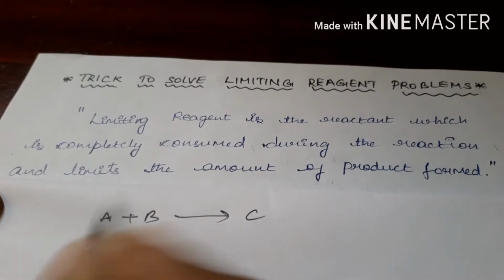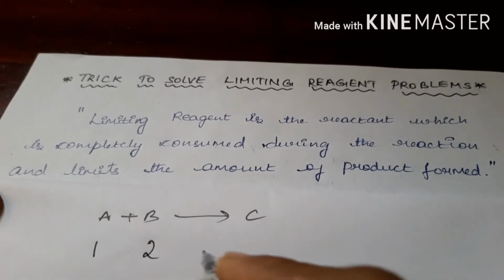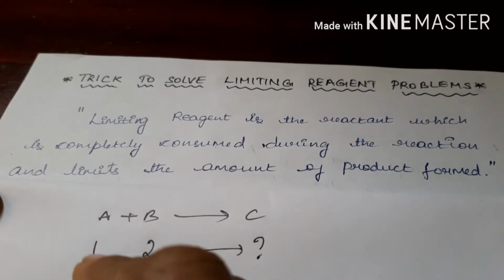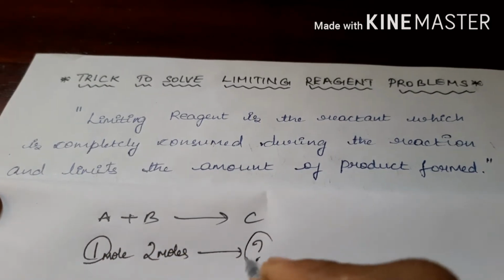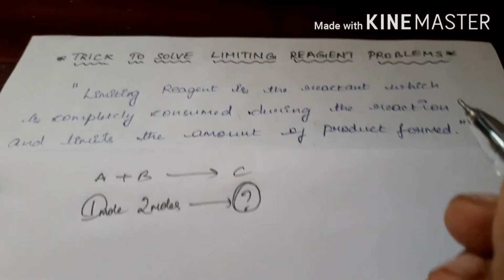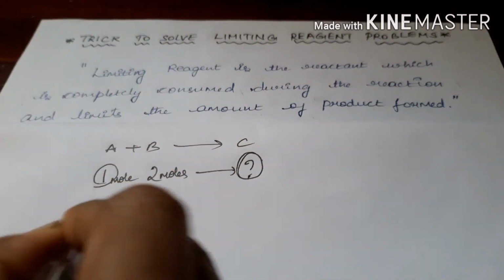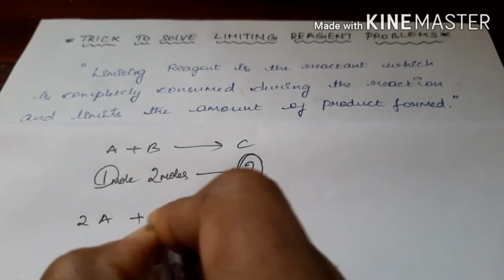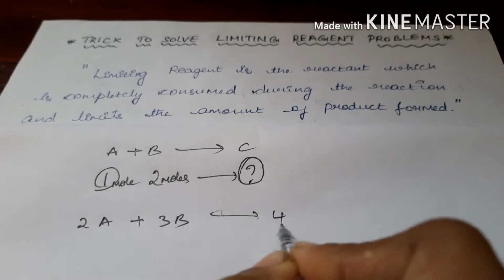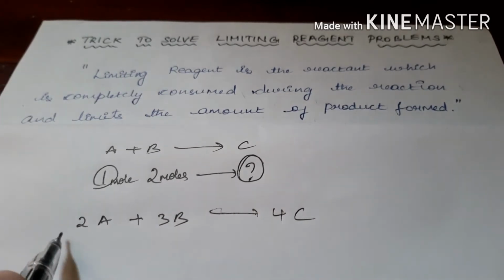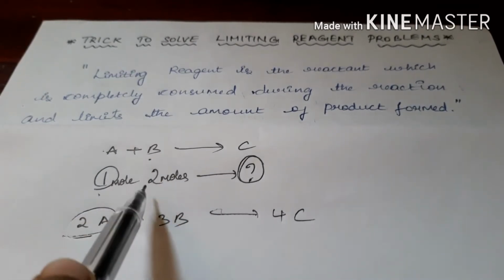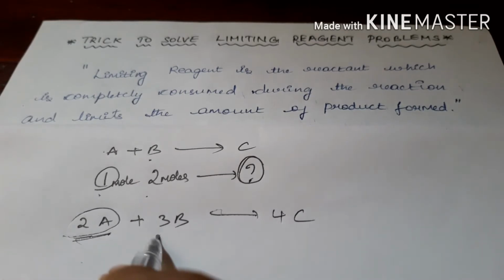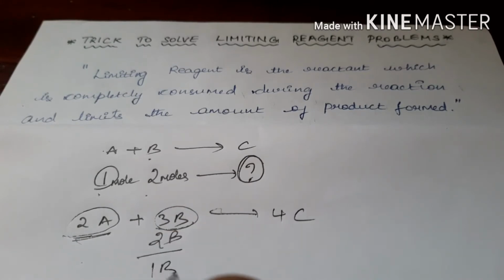Here, if you take 1 mole of A, it reacts with 2 moles of B to form some product C. If you take 2 moles of A and 3 moles of B to give 4 moles of C, here 2 moles of A react with only 2 moles of B, and the remaining 1 mole of B is left.